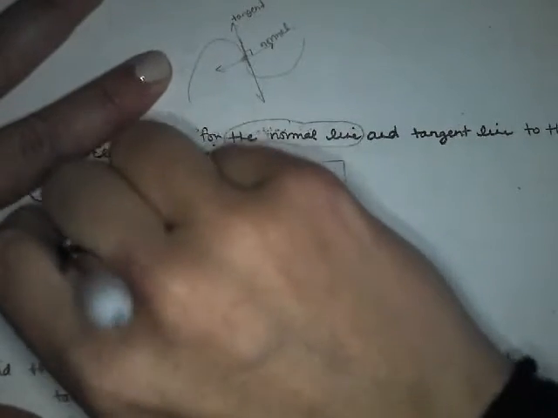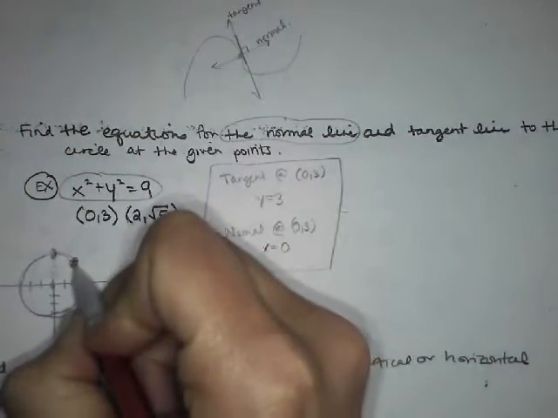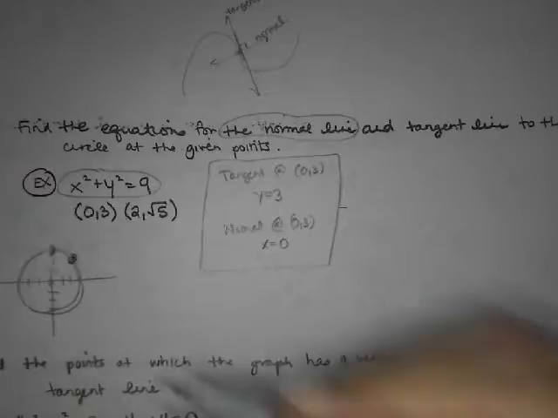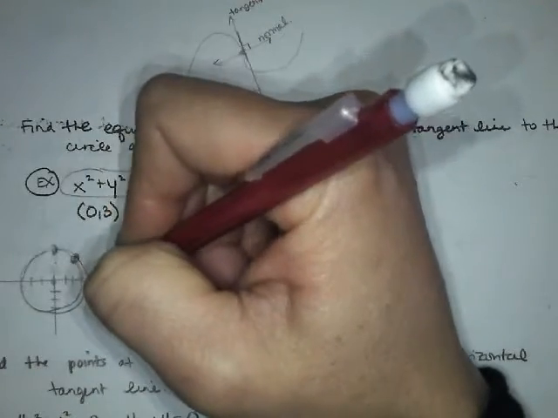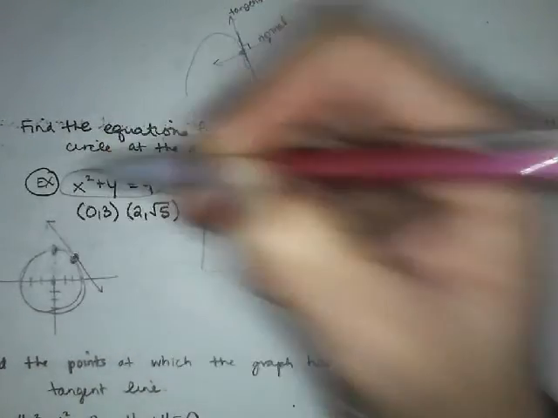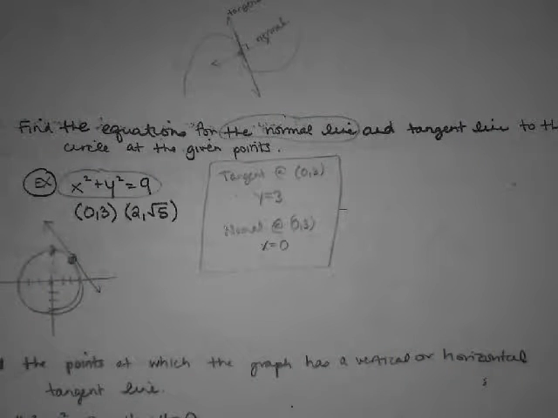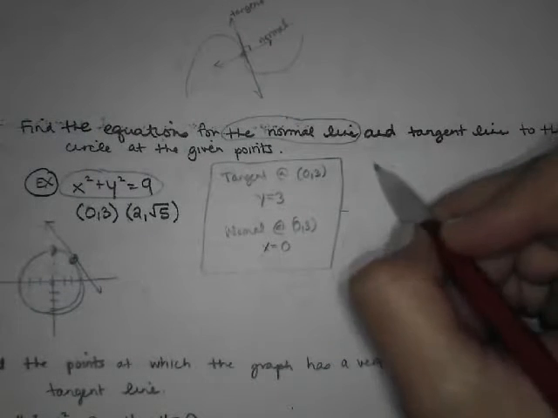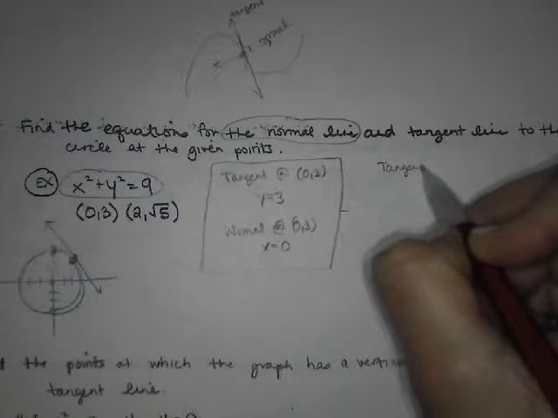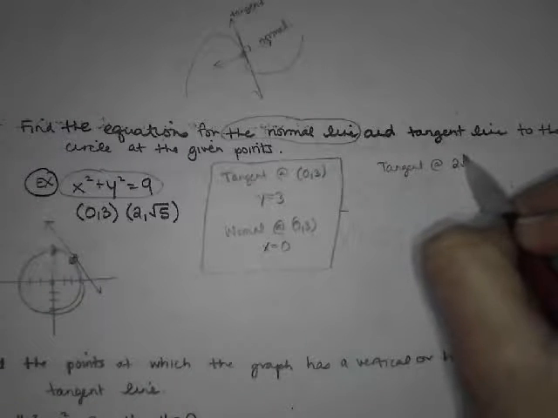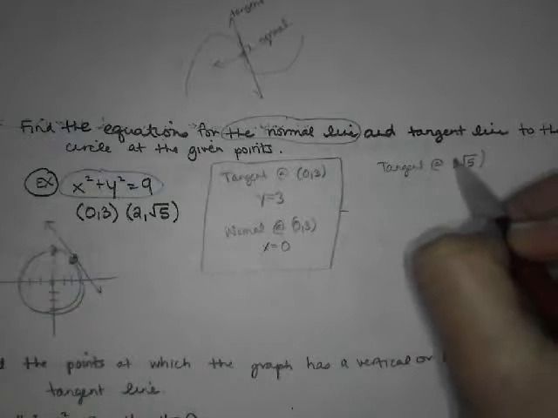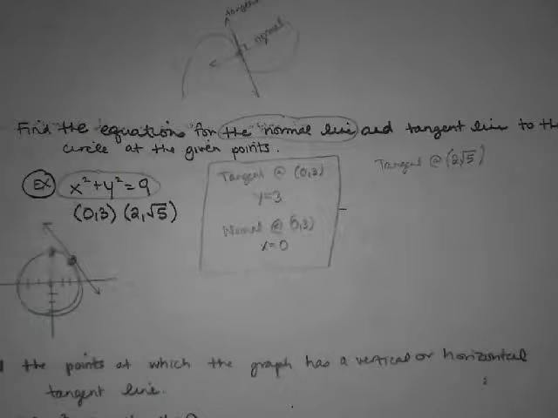Let me get rid of my initial lines here. So if this is 2 root 5, and we'll do the tangent first, I guess, because that's more familiar to us. We need the slope of the tangent line, which obviously requires the derivative.